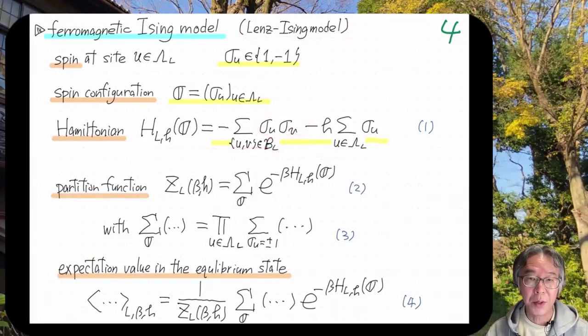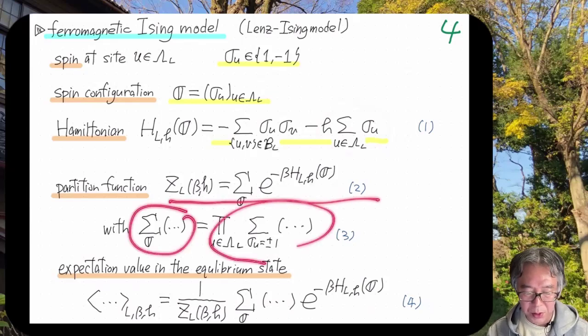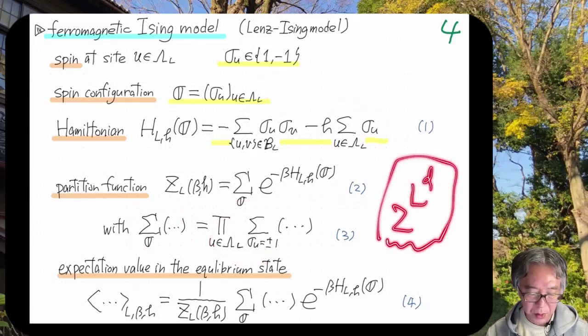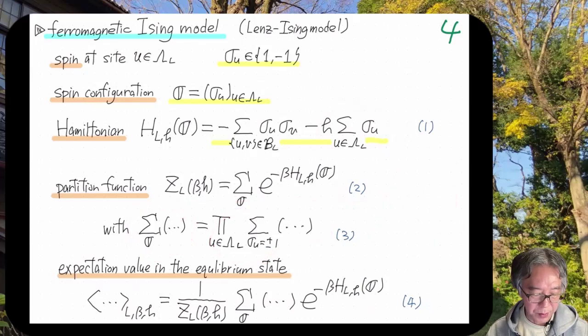So this is ferromagnetic interaction, and now the magnetic field is pointing in the positive sigma direction, and this is the partition function. Now you simply sum over all possible spin configurations. There are 2 to the L to the D configurations. You simply sum over them, and then this is the expectation value.